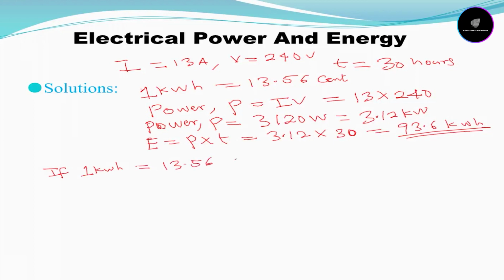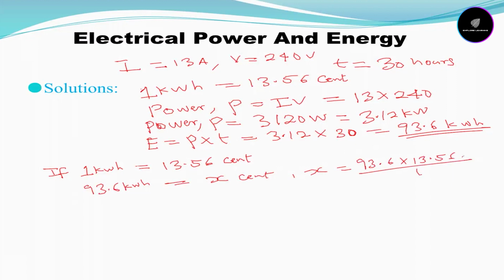Okay, so now if 1 kilowatt hour equal to 13.56 cents, then 93.6 kilowatt hour equal to X cents. Now if you make X the subject of formula, what we'll get at the end of the day, it will be X equal to 93.6 multiplied by 13.56 divided by 1.